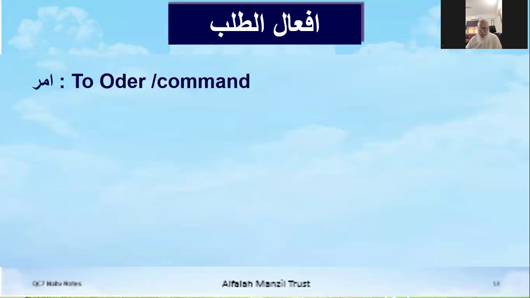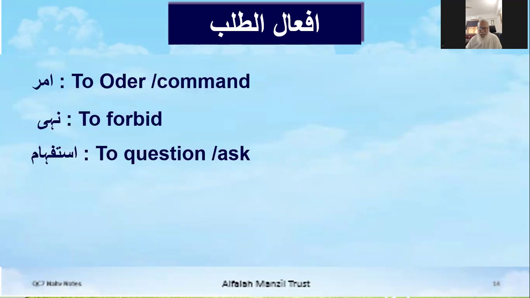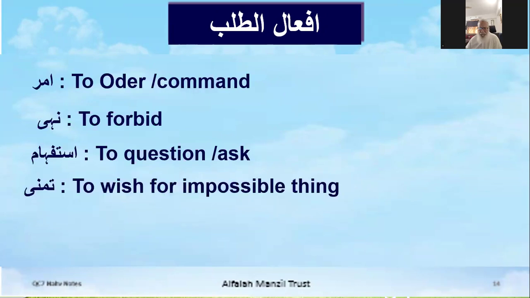Let's have some talk about the af'al talab. Af'al talab is basically demanding something. Amr, to order or command. Nahi, to forbid something. Istifham, to question and ask something. And tamanna means to wish for impossible things. Just like when one says, if I was a child, an eighty-year-old person says, I wish I was a child.